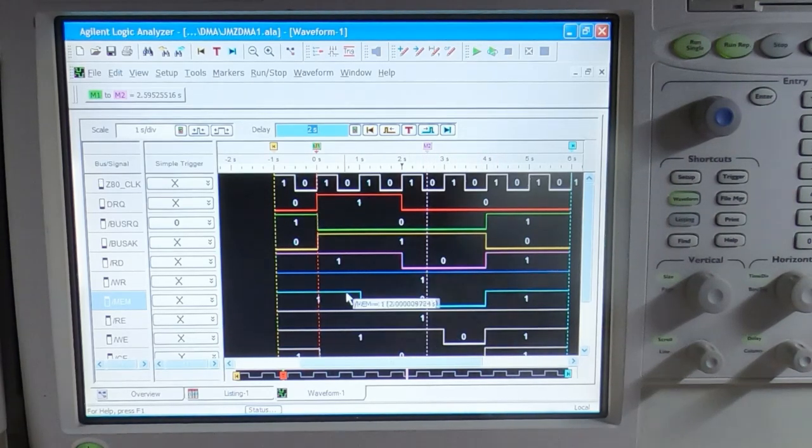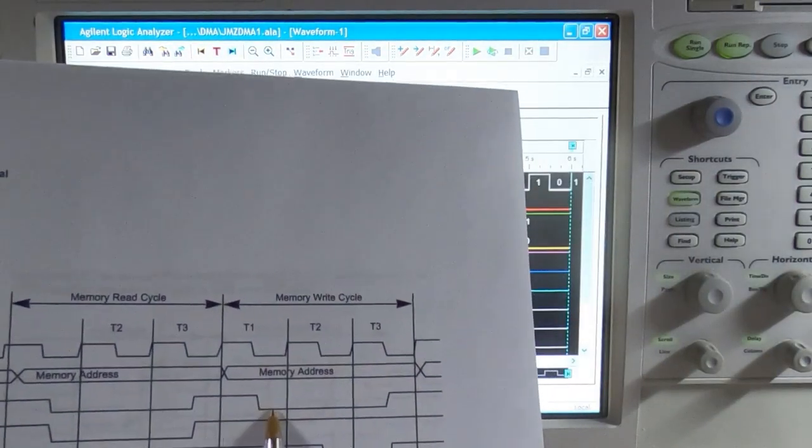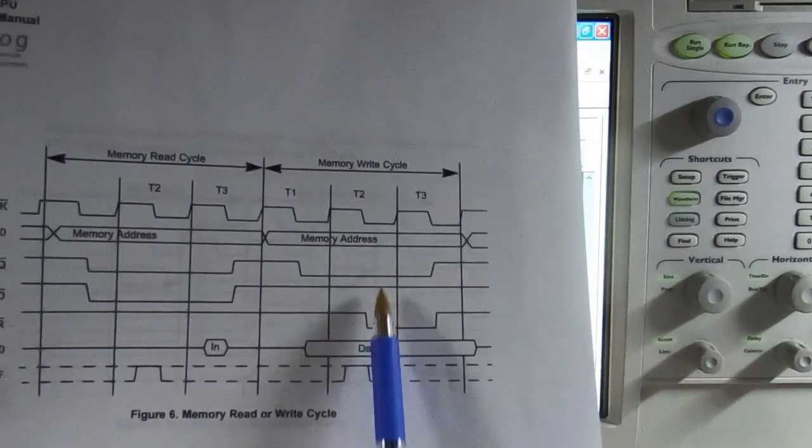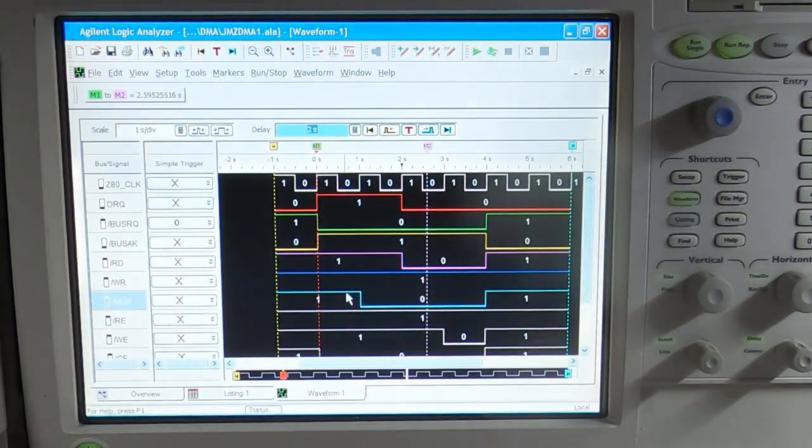The memory request is still going low when it's supposed to, so you can see that this looks pretty much identical to what we're seeing in the Z80 datasheet because it's doing effectively the same thing. So once again you can see that one part of the system is performing a write and the other part is performing a read. So in this case we're transferring data in the opposite direction.